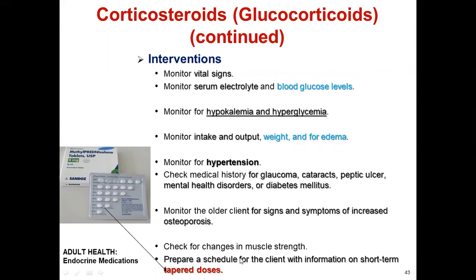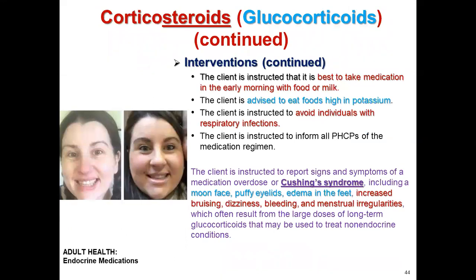Prepare the schedule for the client with information on short-term taper doses. If we need to stop the medication, we never stop suddenly or abruptly stop the steroid. So teach the client to taper the drug dose off. What else?